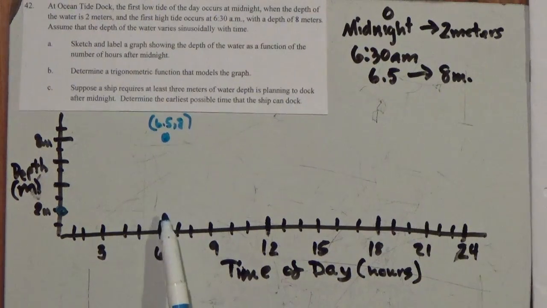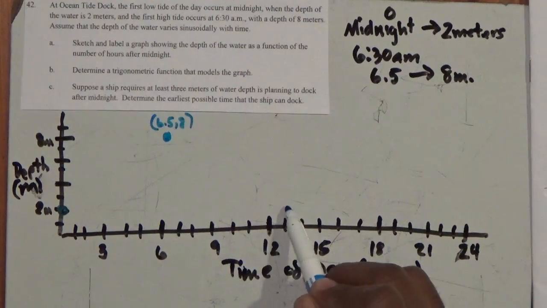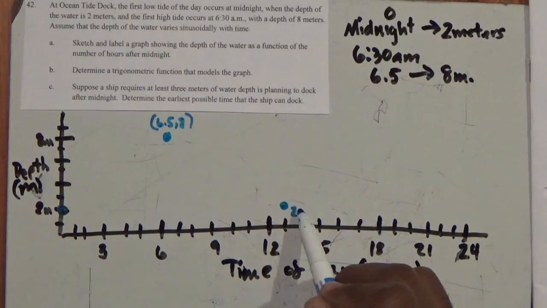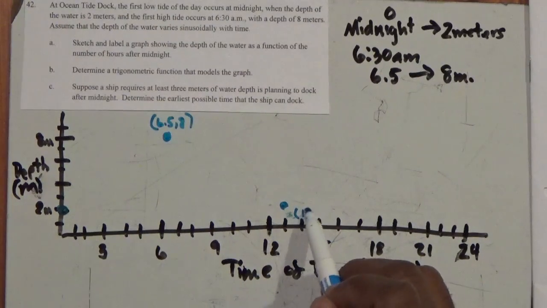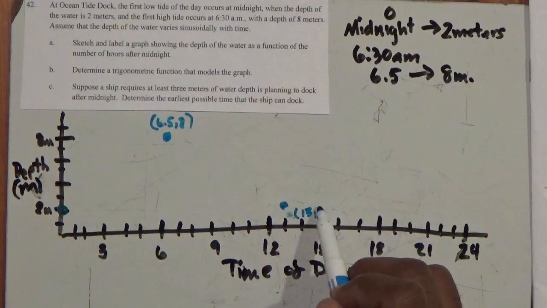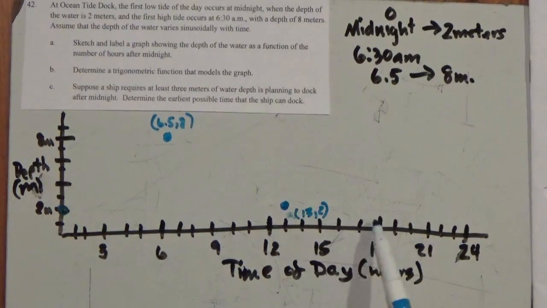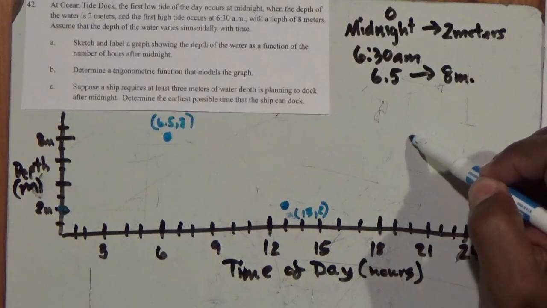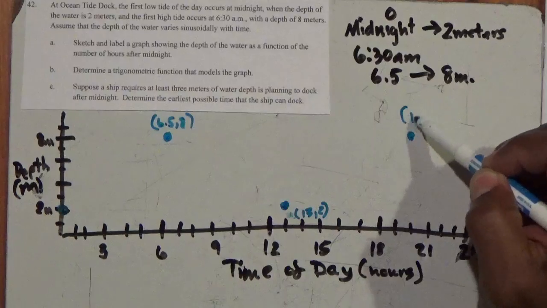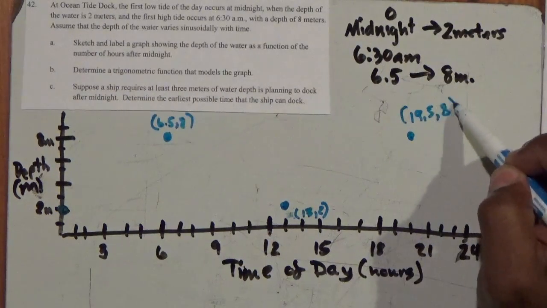So 6.5 plus 6.5 gets us to 13, or 1 p.m. That'll get us back to 2 meters, so we're going to say 13, comma 2. If we go 6.5 more, that'll get us to 19.5, and that'll put us back up at the top, 19.5, comma 8.